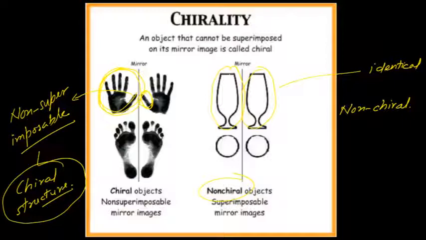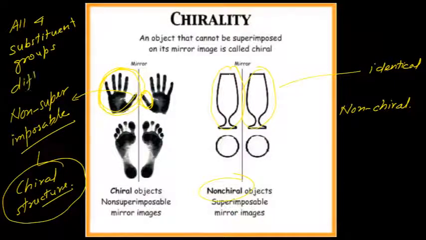Chiral structures will give you a hint that there will be all four substituent groups different. If any two are the same, any two, it will be non-chiral. So no two, three, or four substituent groups can be the same for any compound to be chiral and optically active.